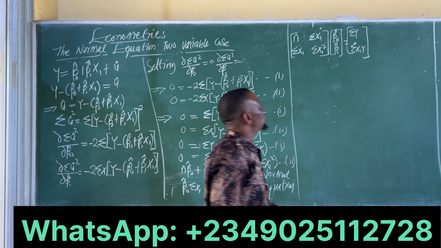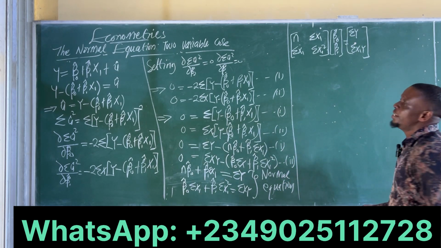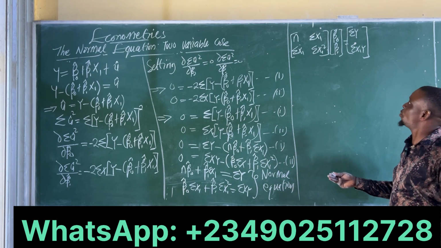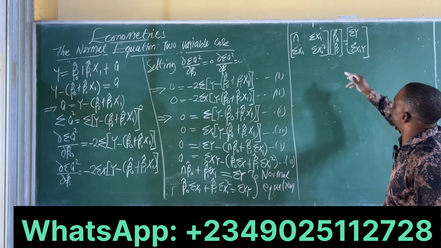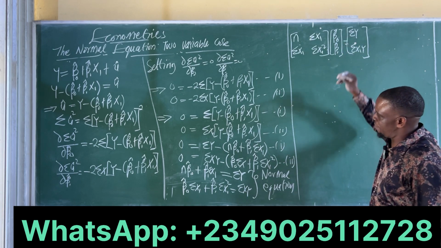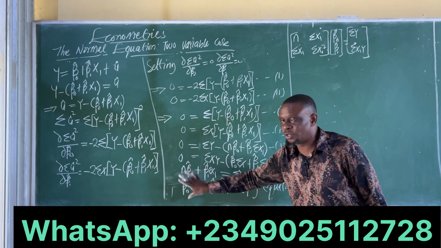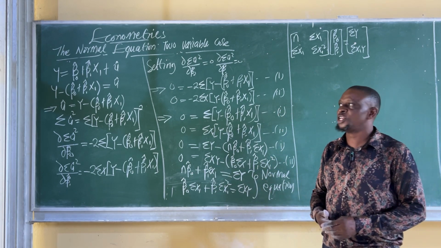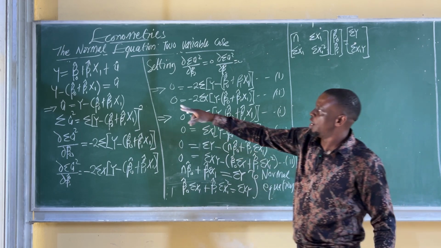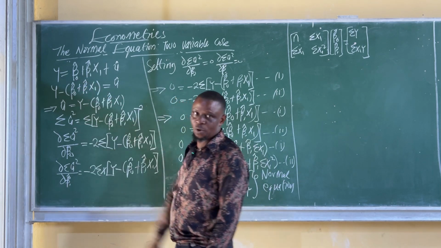Okay, so once we do that, then it is easier for us to also get the direct formula for the parameters. From this normal equation, it's very simple for us to calculate the coefficients of the regression model, which are beta 0 and beta 1.